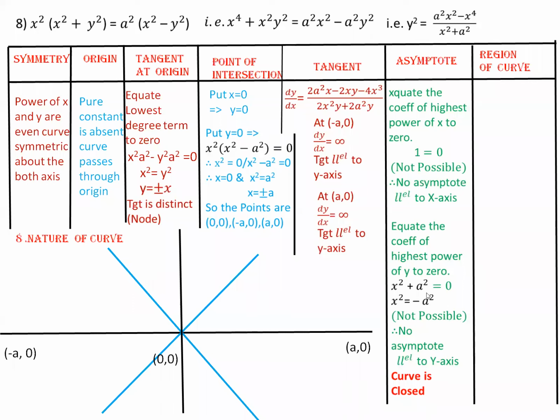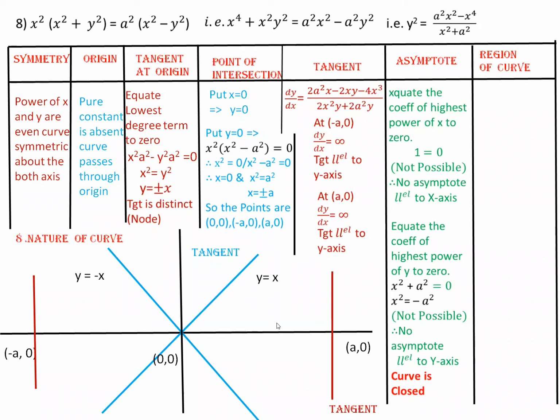Then there is no asymptote parallel to the x-axis as well as parallel to the y-axis. We just have tangents which are parallel to the y-axis. Okay. So look at this. This is the rough figure. The tangent at origin. Now dy by dx is equal to infinity. Therefore, at point a, 0, the tangent to the curve is parallel to the y-axis, as well as at point minus a, 0, the tangent to the curve is parallel to the y-axis.